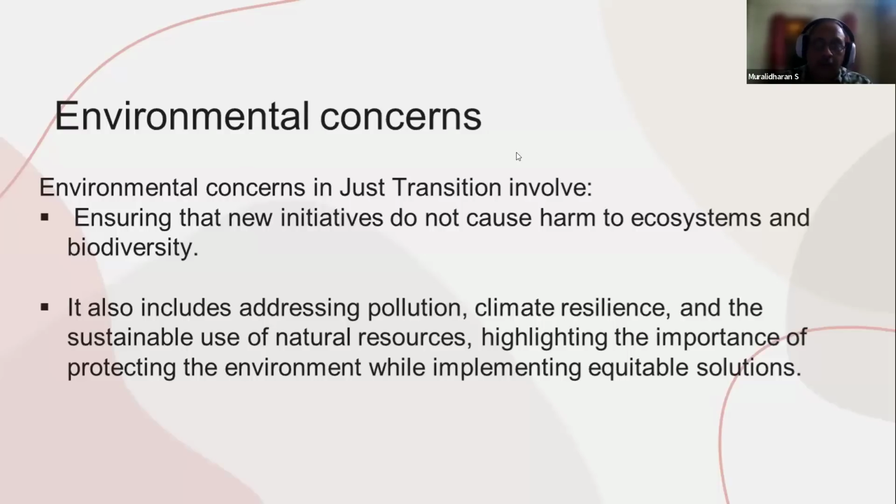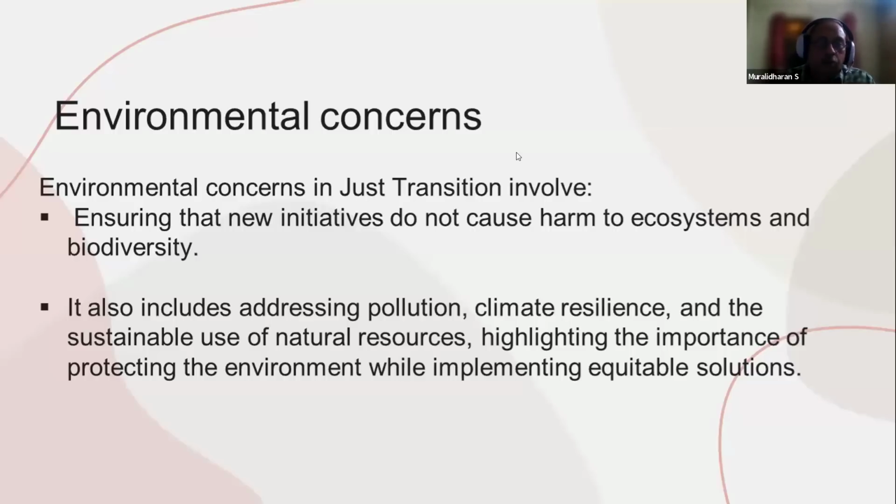So not only are we looking at people and the ecosystem, but also the biodiversity, the species, and also the other systems, mangrove systems, or the ocean and any other system which is there. These are all given equal importance for just transition.